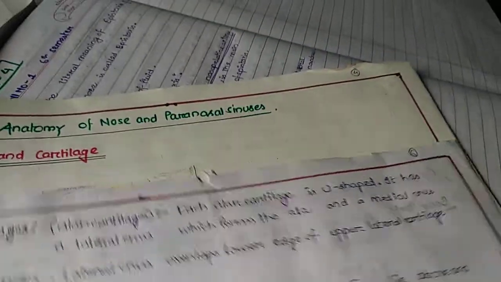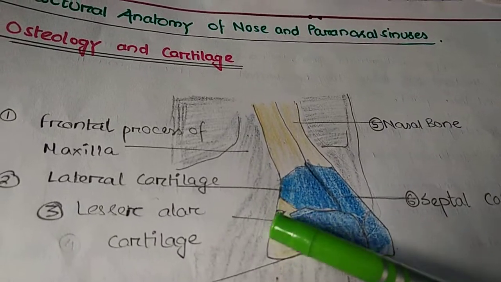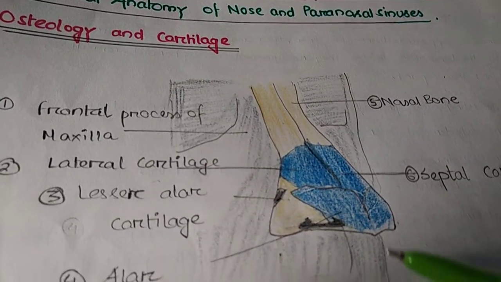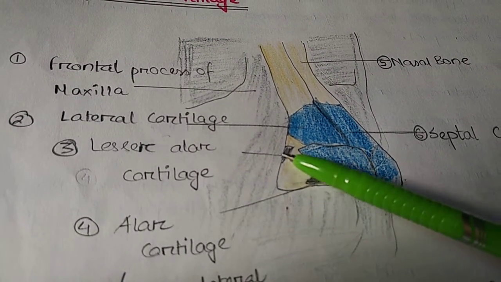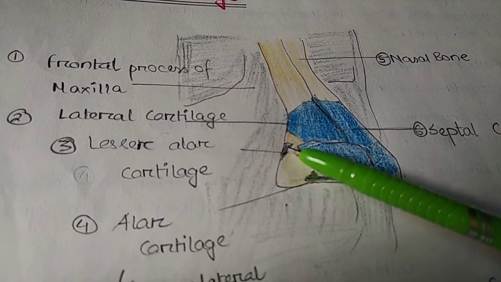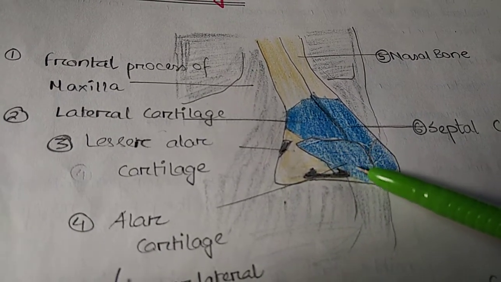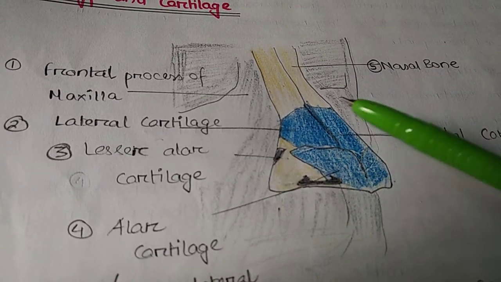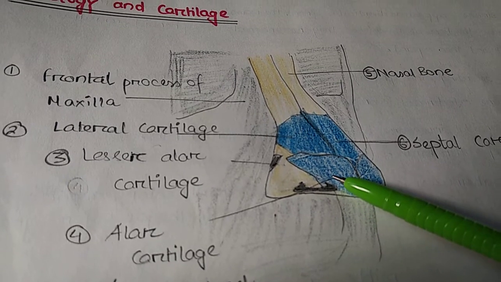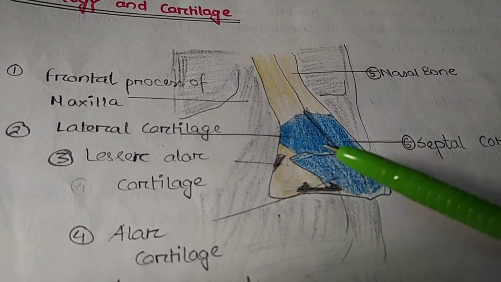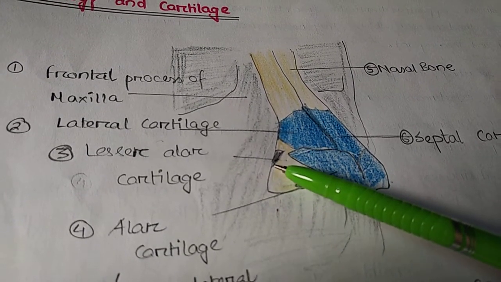Here in this diagram you can see this is the alar cartilage and this is the lesser alar cartilage. This is the upper lateral cartilage. The alar cartilage is also called the lower lateral cartilage, and just lateral to and above the alar cartilage there is the lesser alar cartilage.